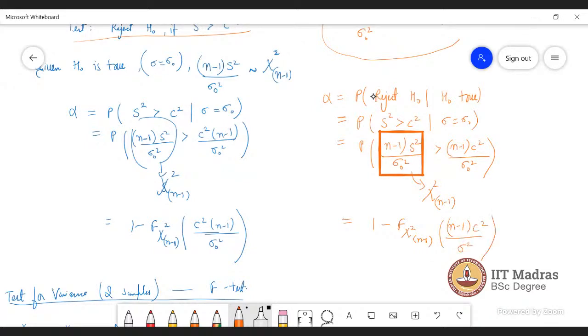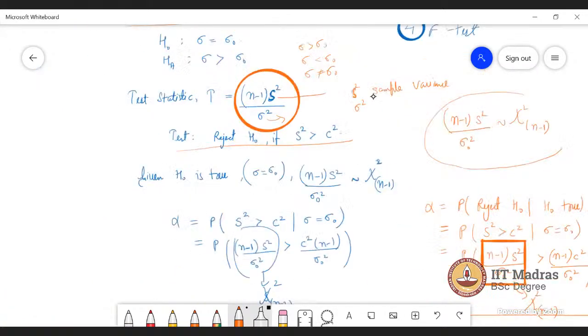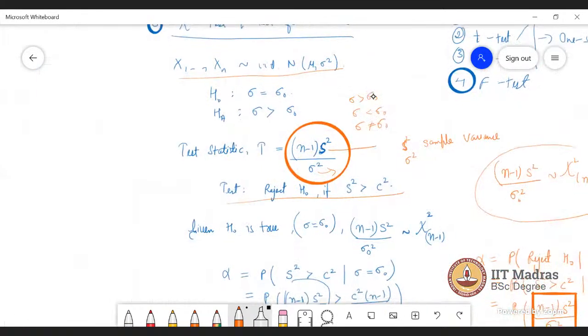Now given some alpha, you can always find the C value. Similarly, you can do it for the other side also. The process is the same.